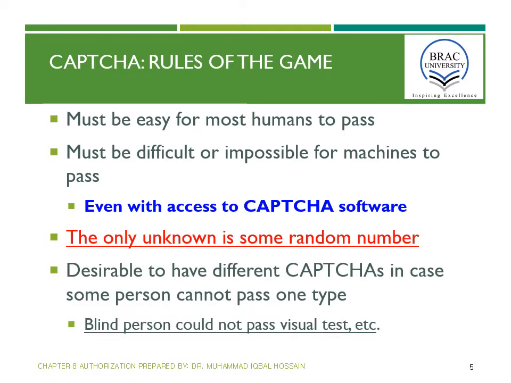There are different kinds of CAPTCHA. There is text-based CAPTCHA, but suppose someone is blind. In that case you can use sound. I have seen CAPTCHAs that play a sound with a number in it, and you have to hear that number and enter it.